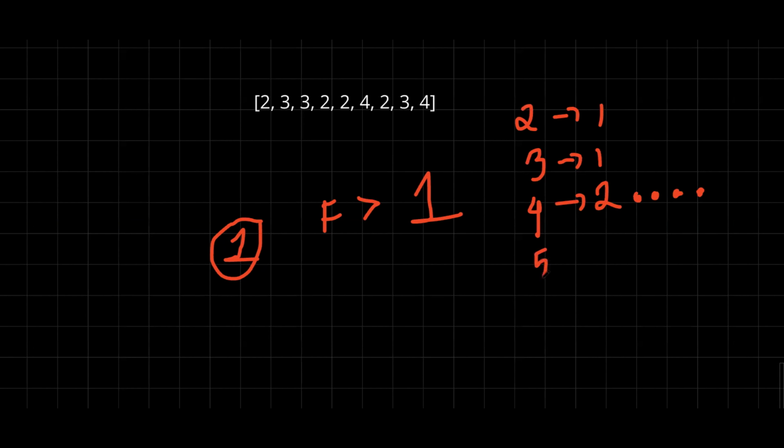Suppose any of the elements has frequency 5. In those kinds of cases, we also need two operations to make the array empty. In one operation, we can remove 3 of the elements. In another operation, we can remove the remaining 2 elements. Similarly, if any of the elements has frequency 6, in those kinds of cases, we need 2 operations.